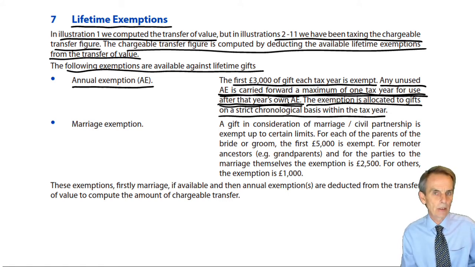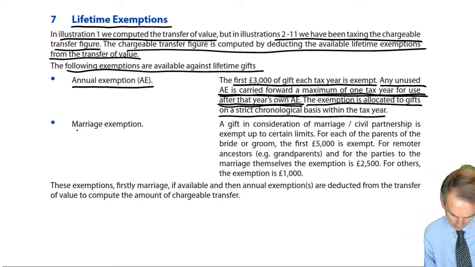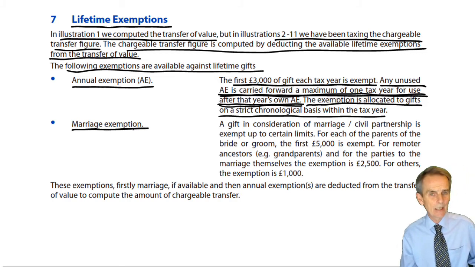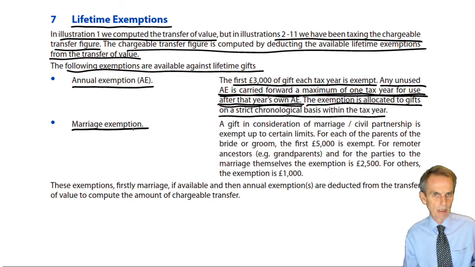If the transfer you're looking at is a PET rather than a CLT, then the marriage exemption may be applicable. And if it is applicable, then it will come first, before the use of the annual exemption itself.